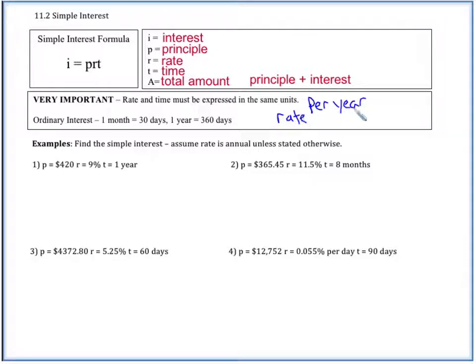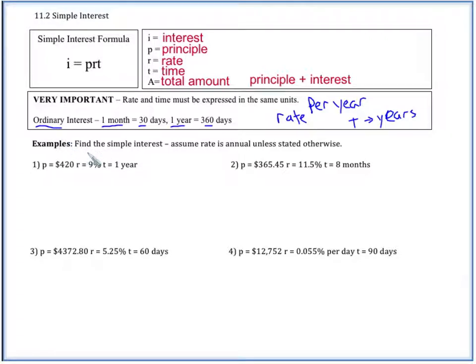Now we're going to be dealing mostly with ordinary interest. And when we deal with ordinary interest, we say that 1 month equals 30 days and that 1 year equals 360 days. So this is what we're going to use when we calculate simple interest problems.